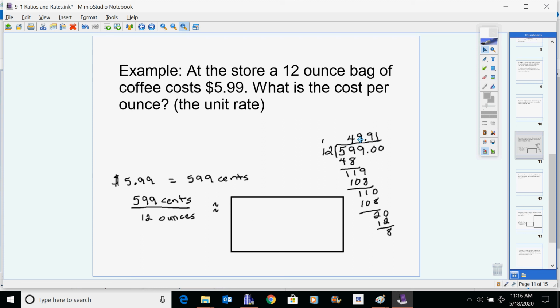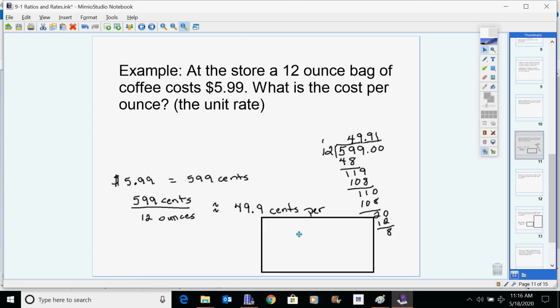So this is about 49.9 cents per ounce is the cost of this coffee. For each ounce that you buy, you spend about 49.9 cents. Okay? And that will be good for price comparison.